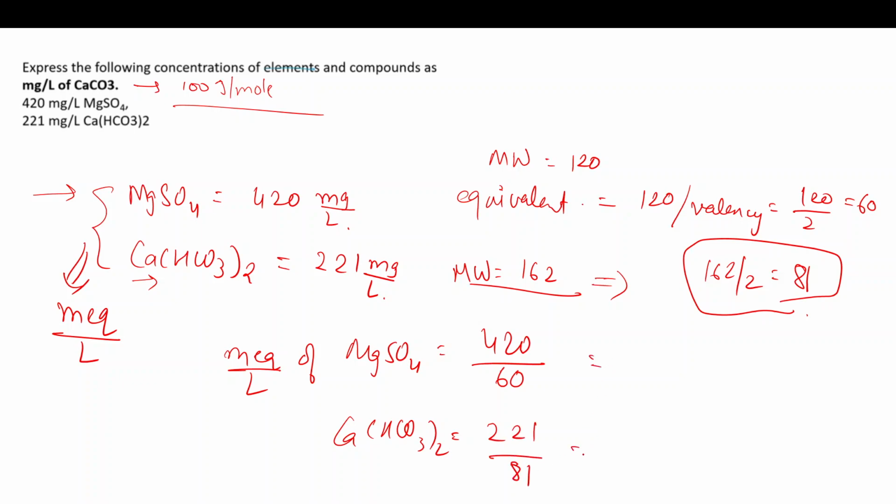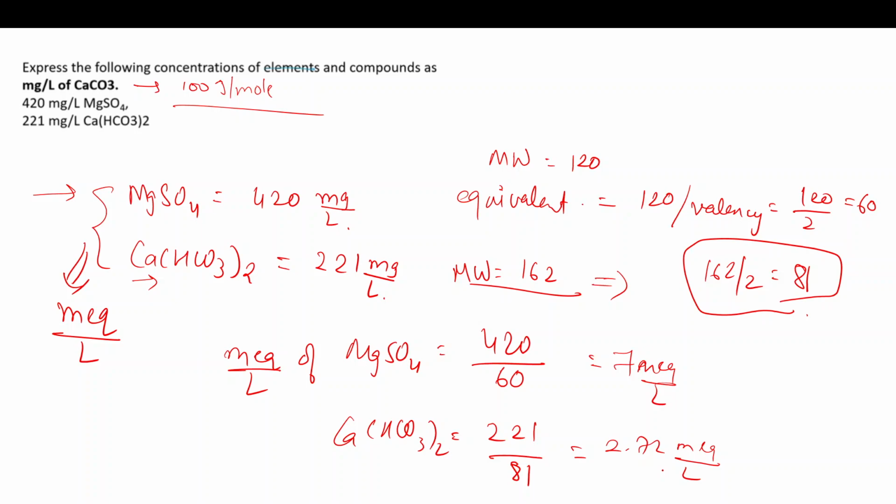Okay, so solve this. So it should be 7 milli equivalent per liter, and this should be 2.72, okay, milli equivalent per liter.